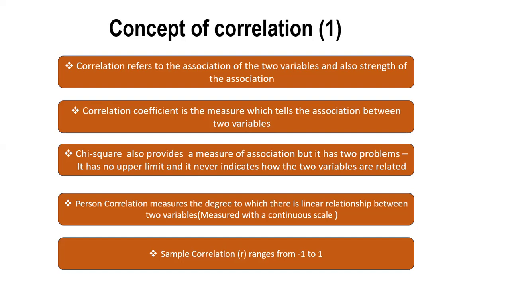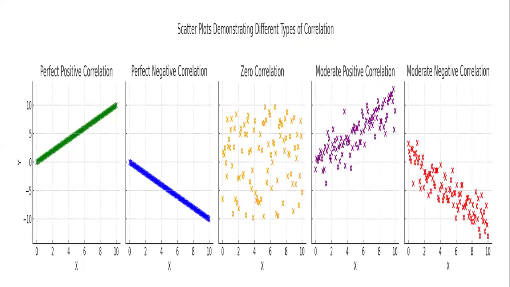So I hope all of you understand the concept. Next is how this correlation looks in a scatter plot. When it is a perfect positive correlation, you can see the graph is upward, and this is perfect correlation, meaning the data points are tightly fitted around the line.